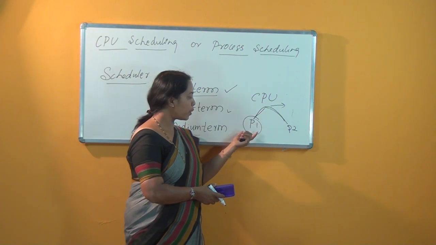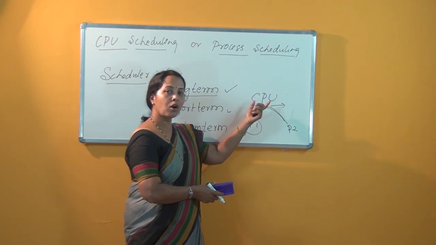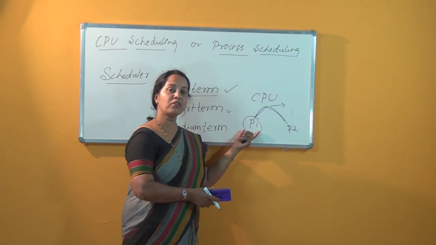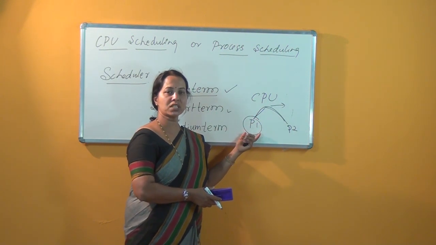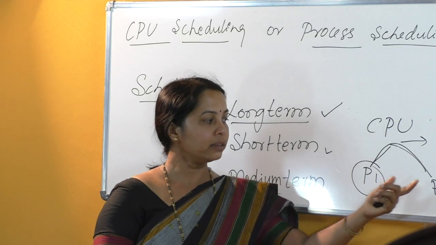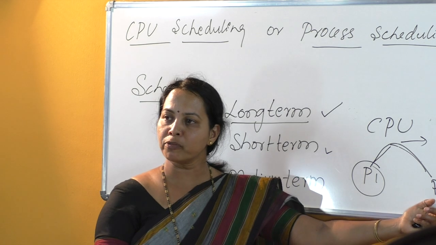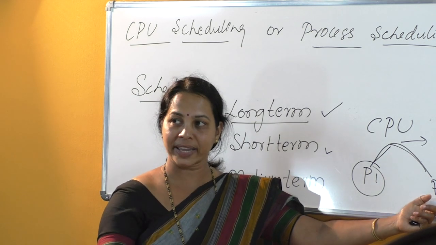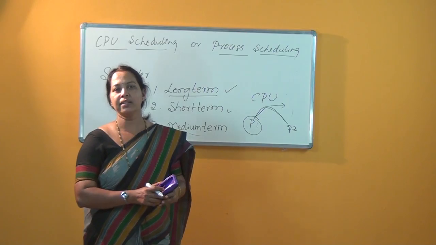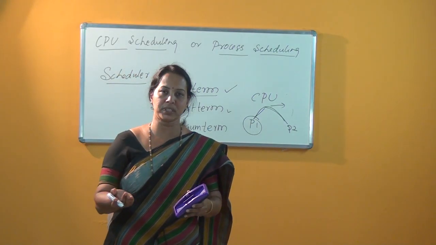When it is preempted, all those register information should be updated in the PCB, the process control block, of the interrupted process, and the PCB information of P2, which is going to execute next, should be loaded to the CPU register. This is called context switching.